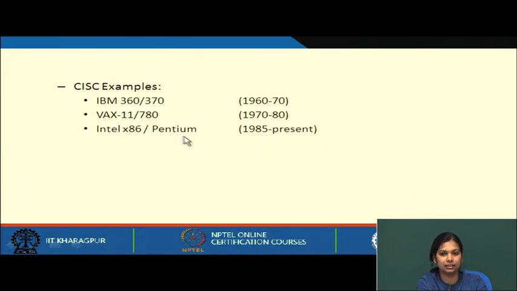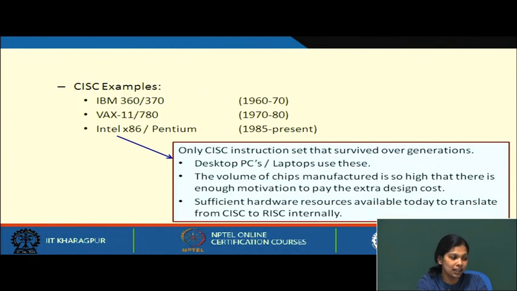So, the Intel processor that we use follows a CISC architecture, and this is the only CISC instruction set that has survived over the generations. Over the generations, if you see any CISC machine, it is the Intel ones, the desktop PCs and laptops we use. And why is that so? Why do they still have to use CISC?